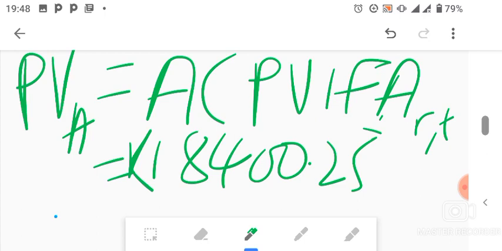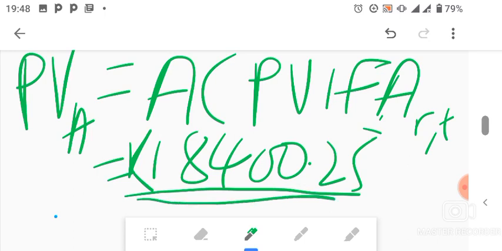A lump sum just means you're being given the 20,000 all together at one go. The other option is an annuity of 2,500 for a period of 10 years, but we are discounting it to the present because they said which one is worth more now. We have done that and it has given us 18,400.25.